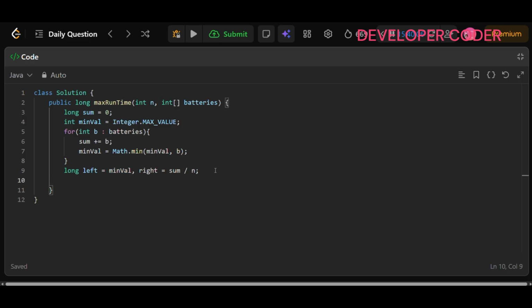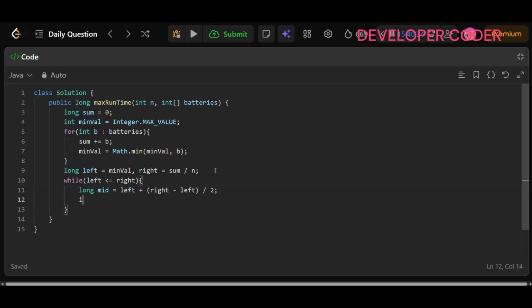And here I'm going to take a while loop, while left is less than or equal to right, and here long mid value is equal to left plus right minus left, divided by 2, right?